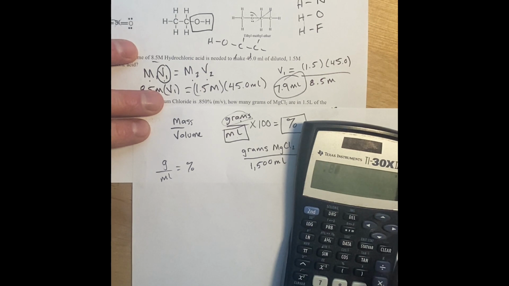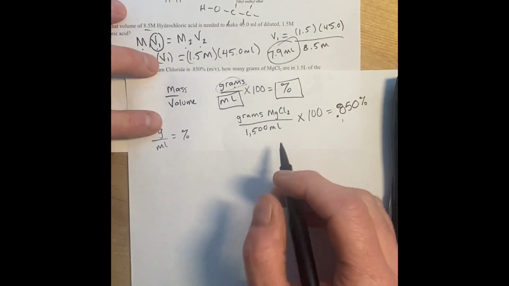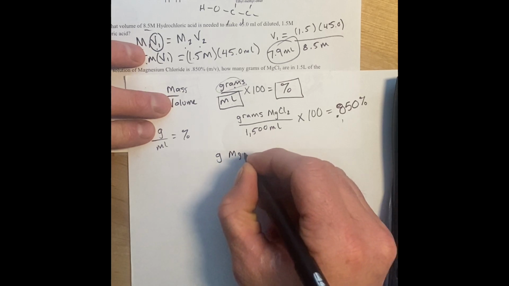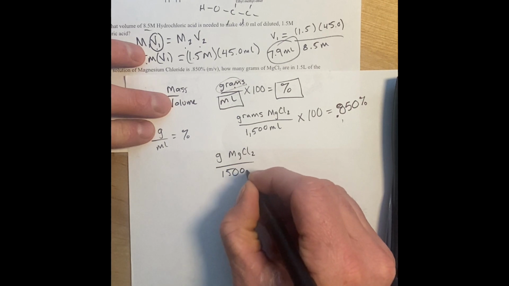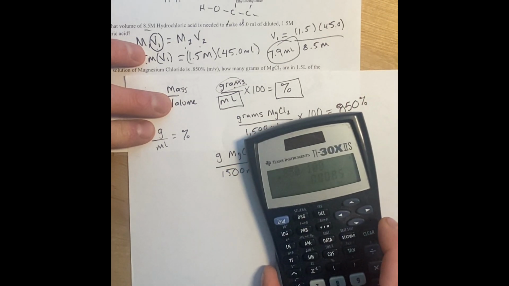So 0.850 divided by 100 gives us 0.0085. So now our setup is: grams of magnesium chloride over 1,500 milliliters equals 0.0085.